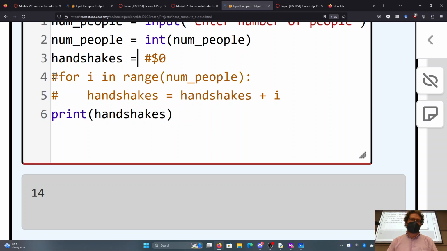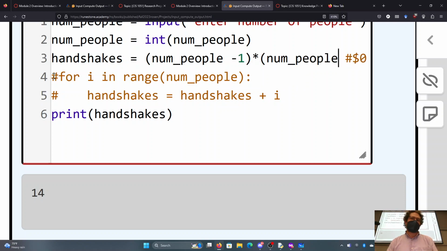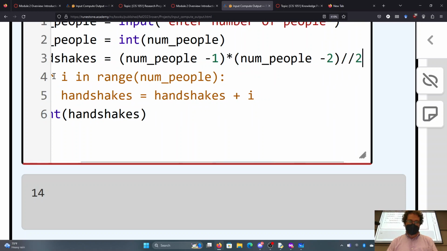And we can instead do our equation over here, which was num people minus 1 times, and you have to do times here. You can't just put 2 parentheses next to each other and expect them to multiply. Num underscore people, divide by 2.